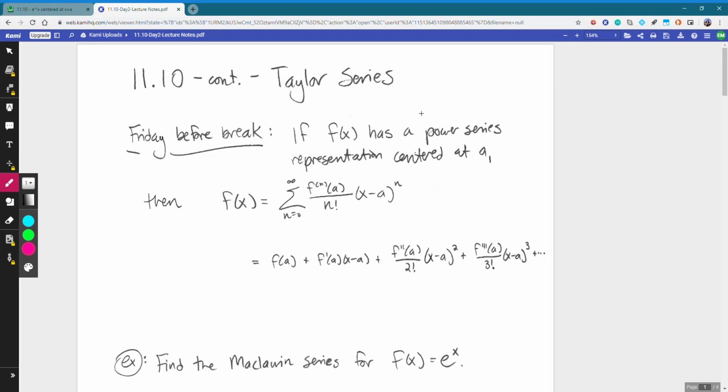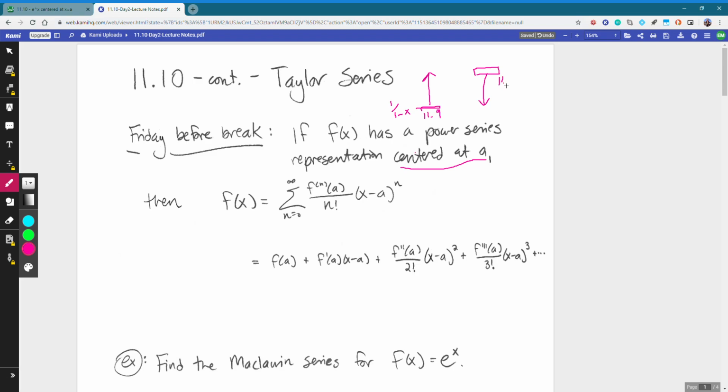Instead of a bottom-up point of view, which was more from 11.9, looking to relate everything to 1 over 1 minus something, now we're taking more of a top-down approach, where we start by just assuming that our function can be written as a power series centered at a, and see what that power series has to look like.